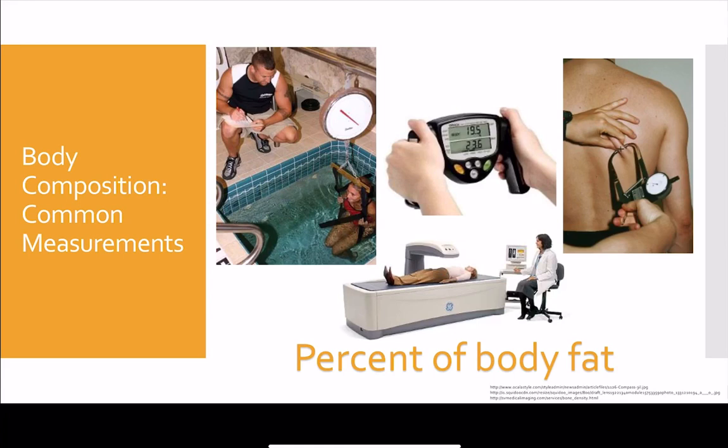Someone's entire body is submerged in the water, which gives you a measurement of the body's volume. And then you can assess how much water is displaced to give mass, and then use that to estimate body fat. We now use dual energy X-ray absorptiometry, or DEXA, as the gold standard. It's been validated against hydrostatic weighing and is now considered the gold standard for these measurements.